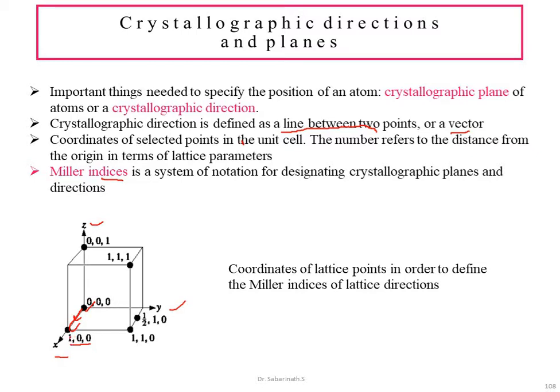These numbers represent the distance from the origin. This is the origin. So we will see the distance from the origin, and this distance is designated with the help of the Miller indices.